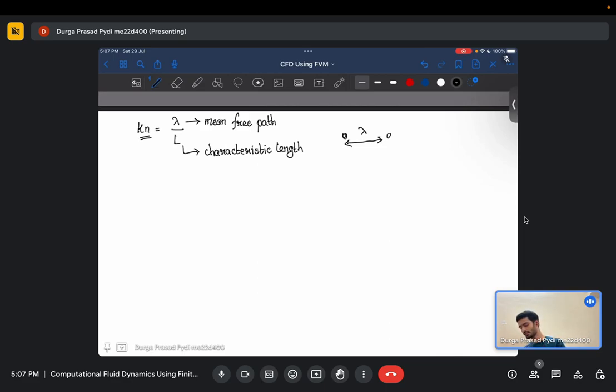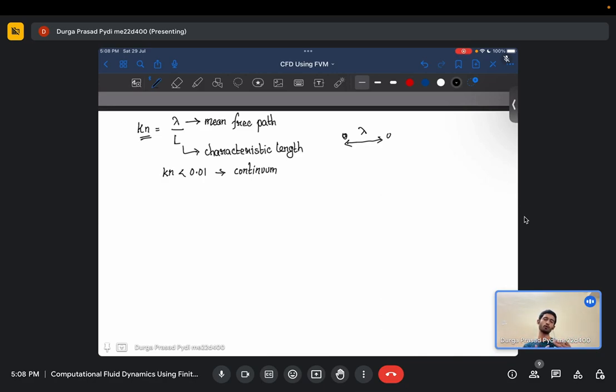So essentially your Knudsen number should be less than 0.01 for your continuum hypothesis to be valid. When you are considering gases, you have a much larger mean free path, so your length scale should be sufficiently larger to compensate for that, and that is why it is on the order of millimeters.